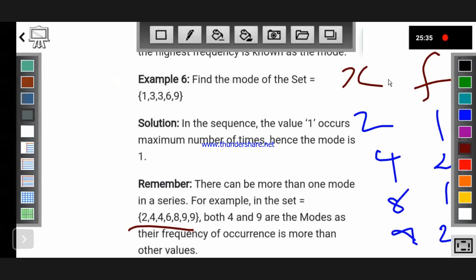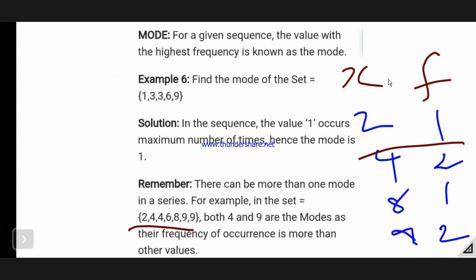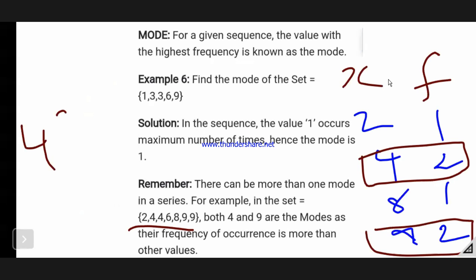See here, 4 and 9 have both occurred an equal number of times, and more times than the others. In such cases, both 4 and 9 are the modes. If we have 3 numbers that have occurred equally and have the highest frequency, then those 3 numbers will be the modes.